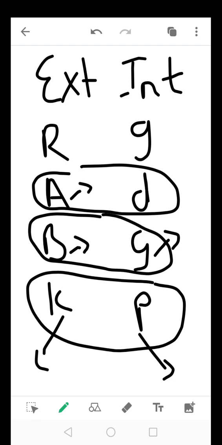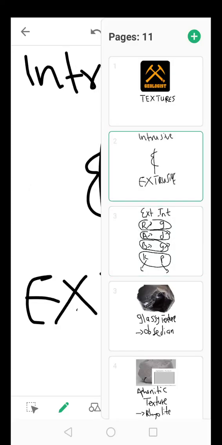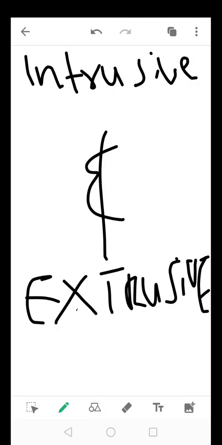This means andesite, this means diorite. Then these are the felsic rocks. This R means rhyolite, and this G means granite. This is to help you not to forget most of the igneous rocks that we see in this universe of ours.